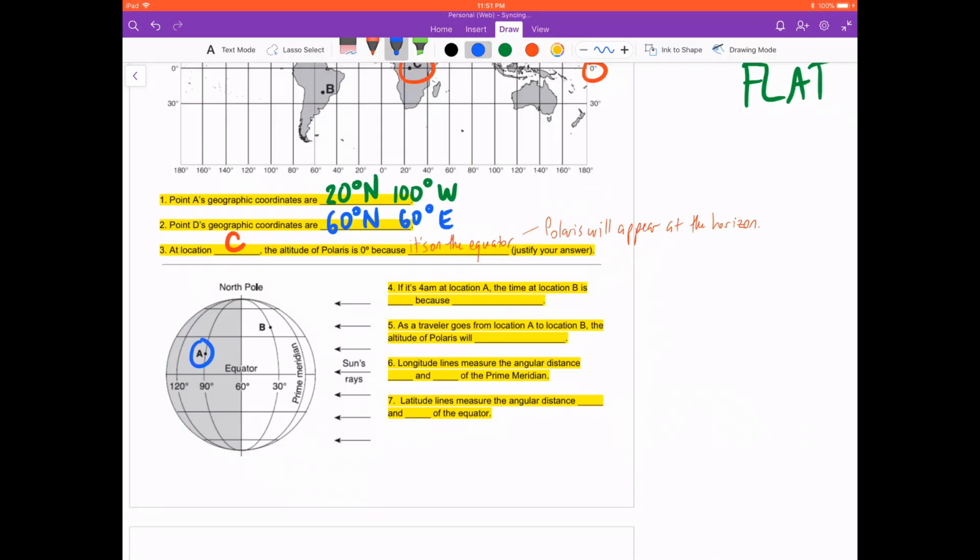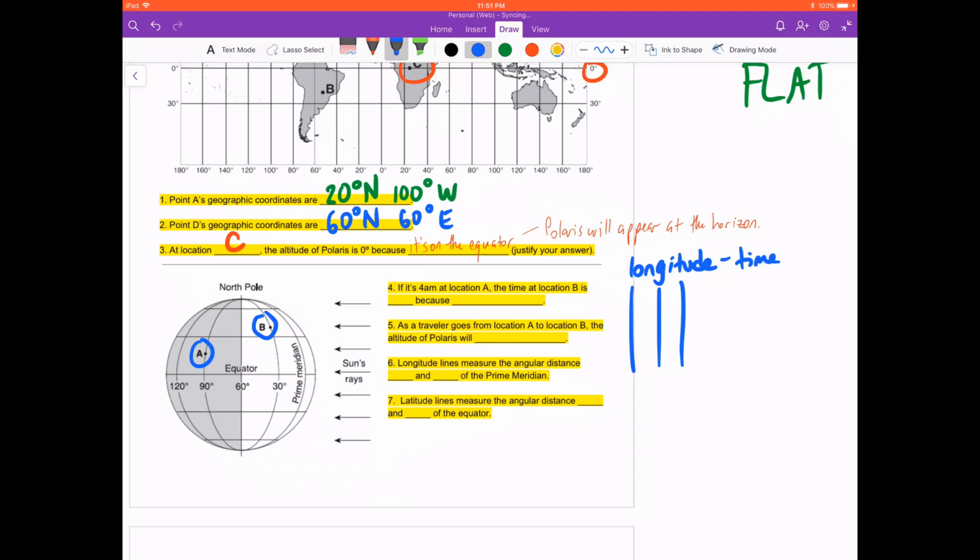Okay, for number 4, if it's 4 a.m. at location A, the time at location B is blank because... When we're talking about time differences, we have to measure the difference in longitude, the lines that run up and down, to determine local time.